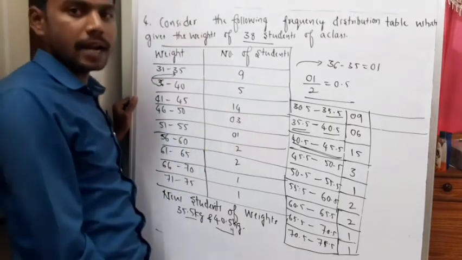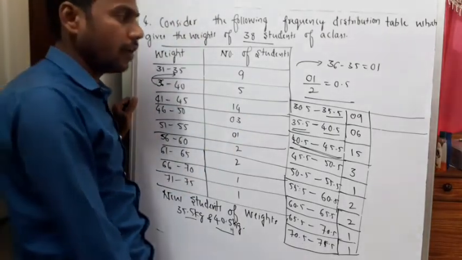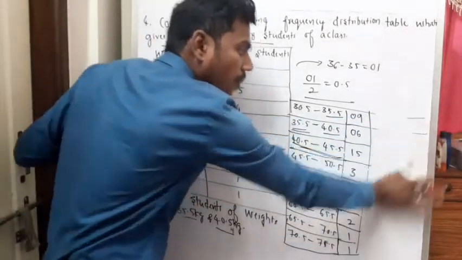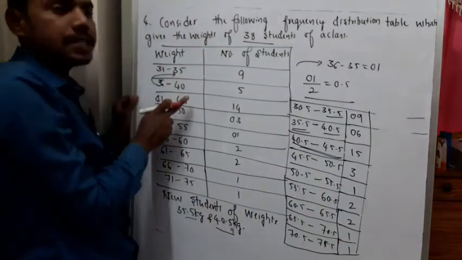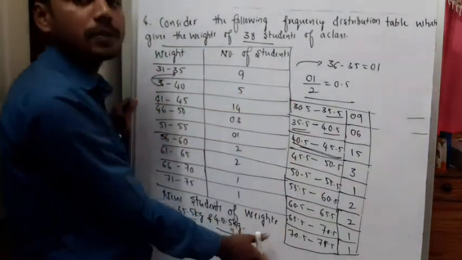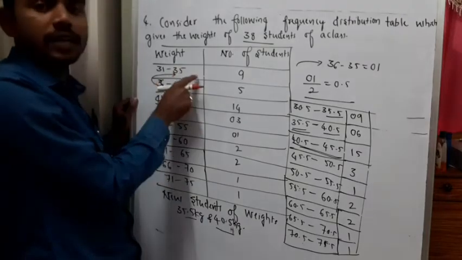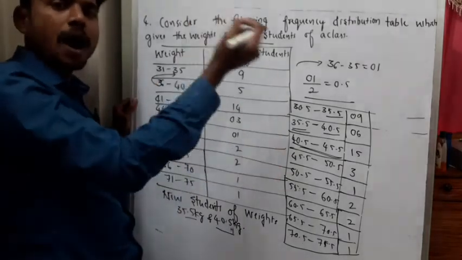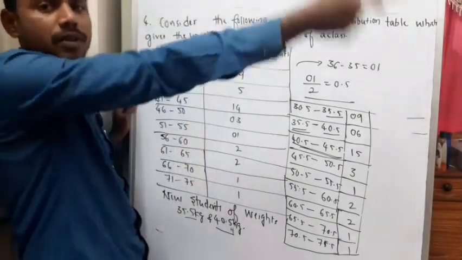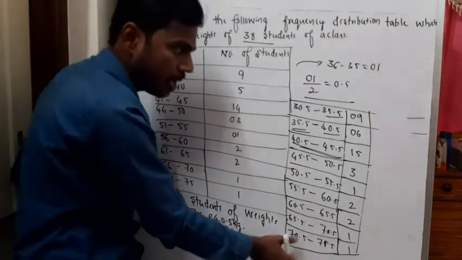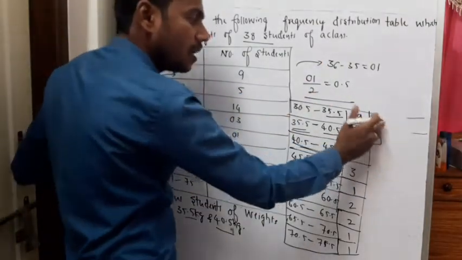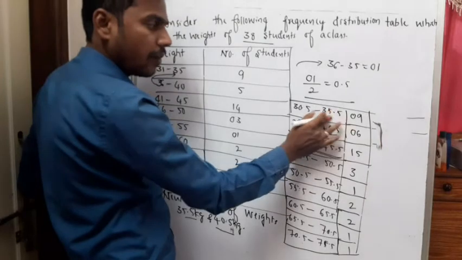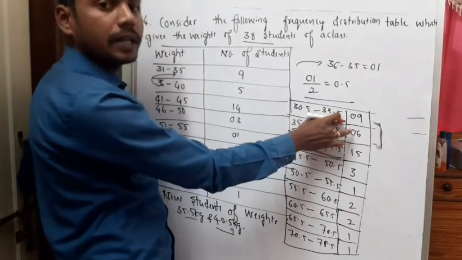2 new students were added and we had to accommodate them. To accommodate them, we converted this class interval into a continuous class interval. What was the procedure? Take half of the difference, subtract half from the lower limit, add half to the upper limit, then it becomes continuous. And the convention: 35.5, which was an upper limit, we should not include there.